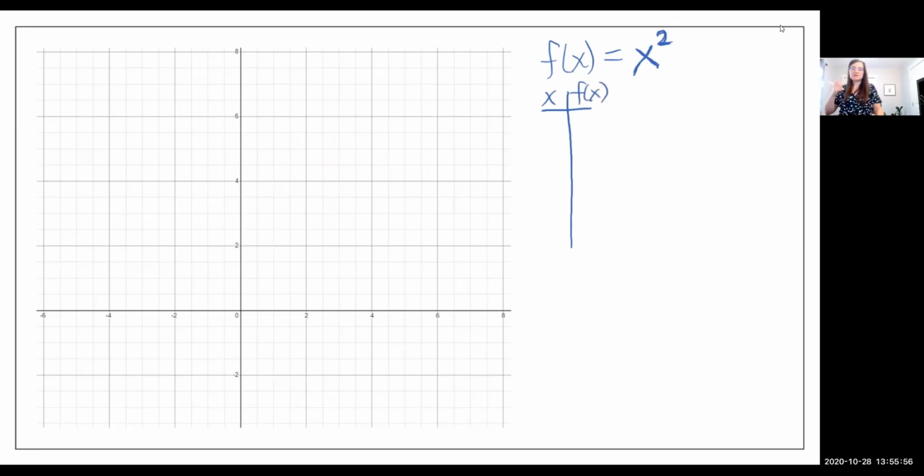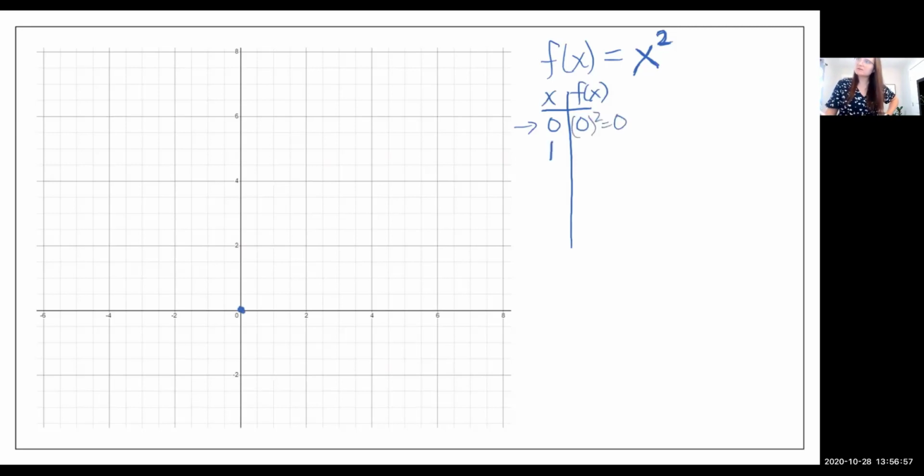I want you to give me a bunch of different points. Just write one point, one coordinate that would satisfy this function. What happens if you put a 0 in? We have 0, 0, because 0 squared is 0, right?